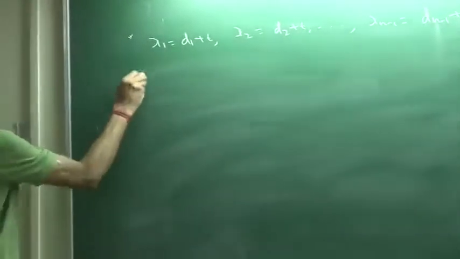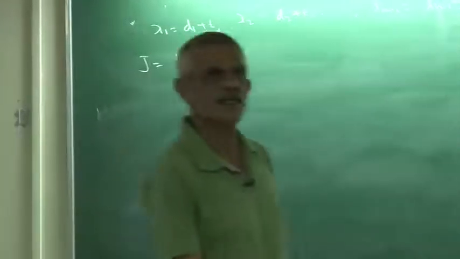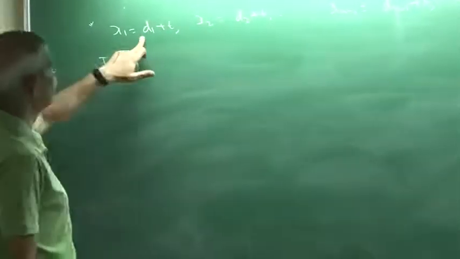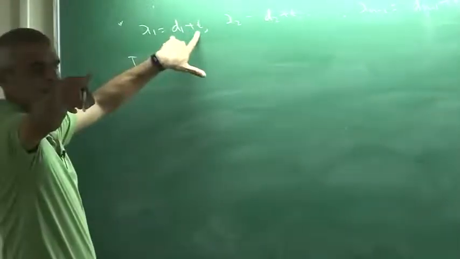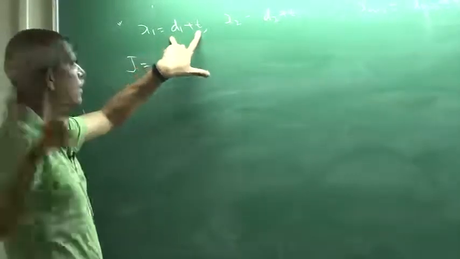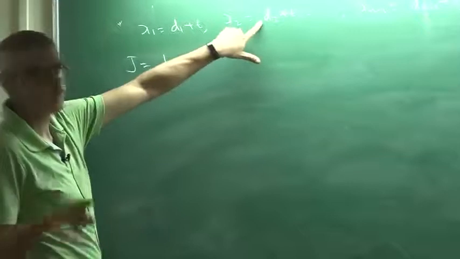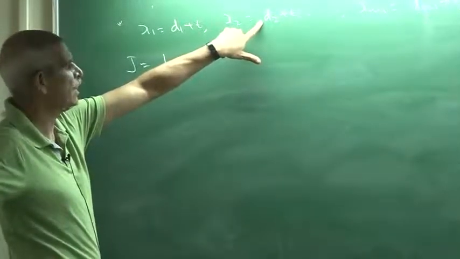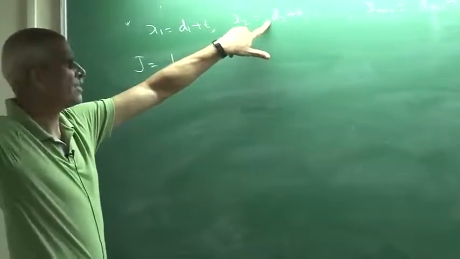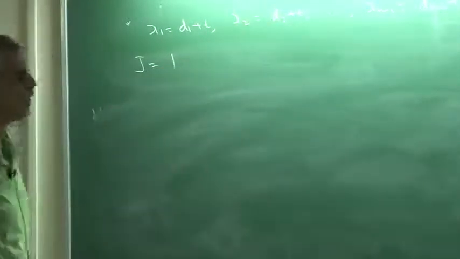Now it is a linear transformation. You can see easily that the Jacobian is always 1. It would be a triangular matrix. Del x1 by del d1 is 1, then the last with respect to t would be 1. So 1, 0, 0, 0, 1. Del x2 by del d1 is 0, del x2 by del d2 is 1, and 0 in the last one, and so on. So the Jacobian would always be 1.